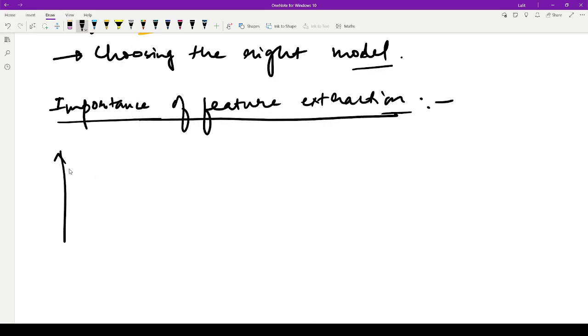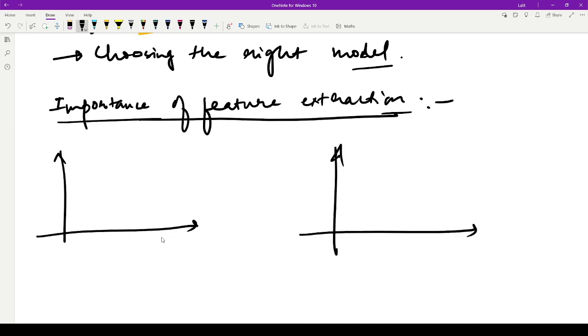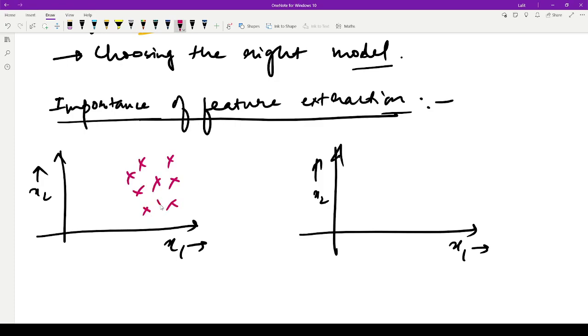So, I have this specific case where x1 is one feature and x2 is the other feature for a given classification problem. And what I have is this, one set of features, and this is another set of features here.